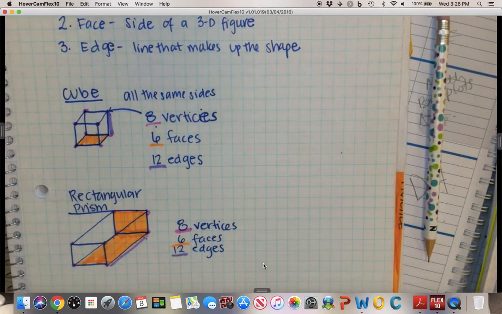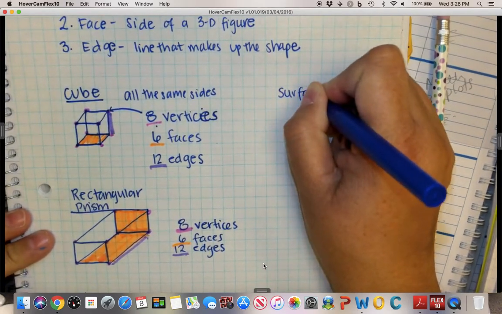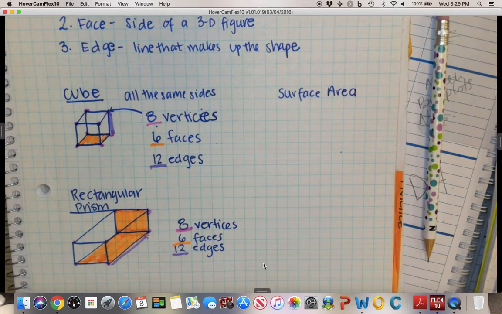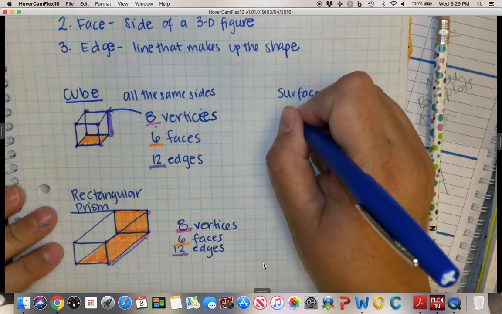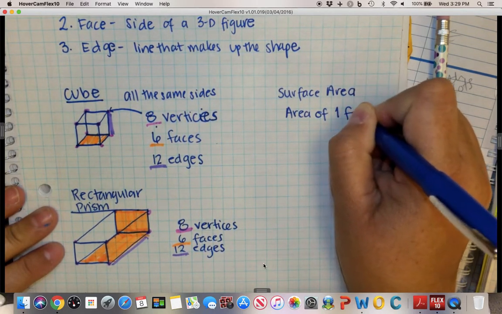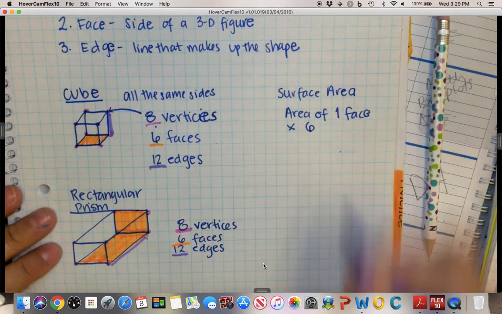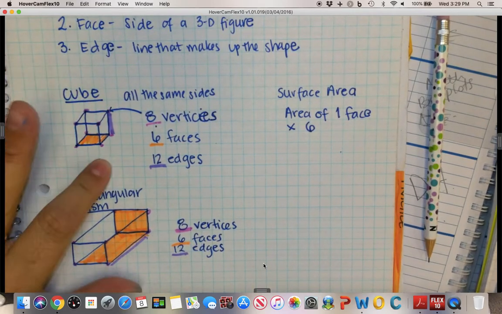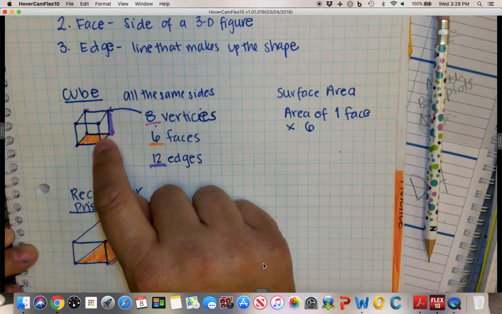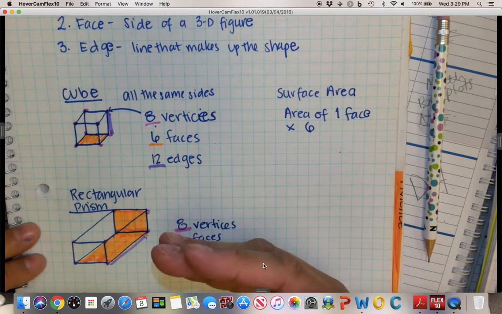In order to find the surface area of a cube, I have to find the area of one face and times it by 6, because there are 6 faces. So basically I'm taking this face and saying how many it is, 6 times.